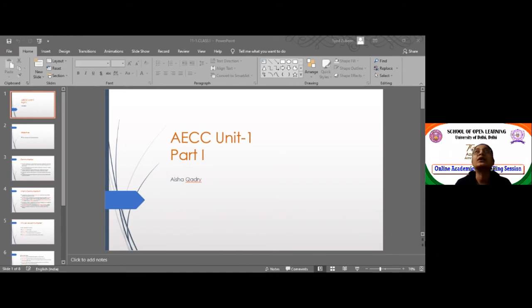Please recommend a book. There are many different textbooks available in the market for AECC. What you need to see is that it is specifically for Delhi University AECC. As long as it is a Delhi University prescribed syllabus and the book follows the syllabus of Delhi University, you can buy the book, or you can have a look at it.